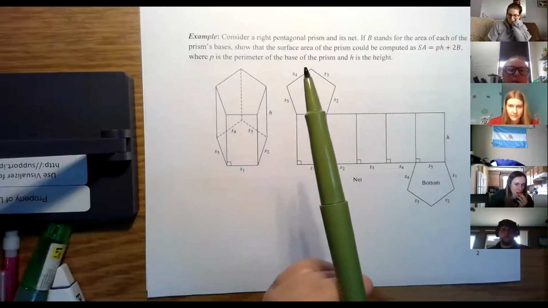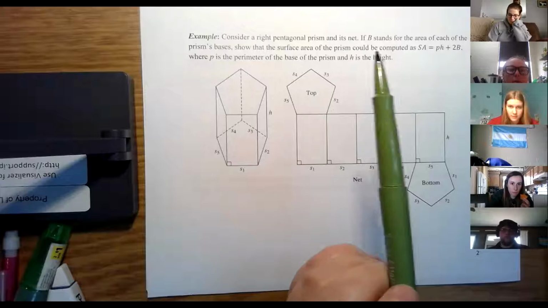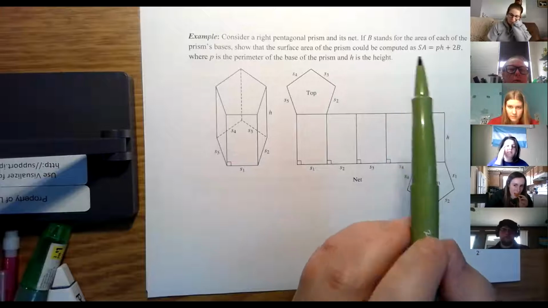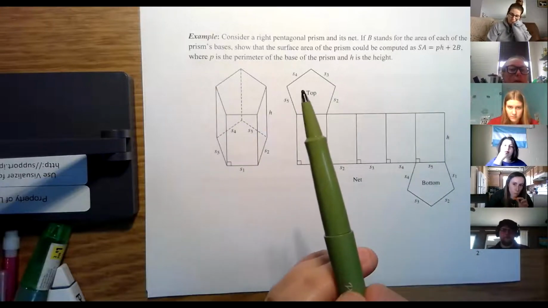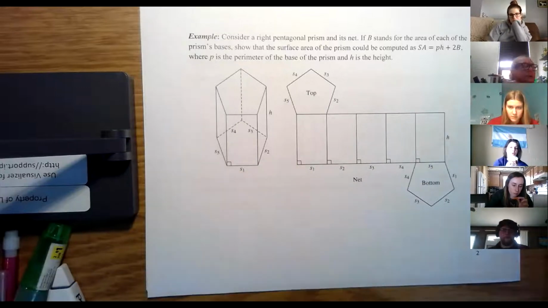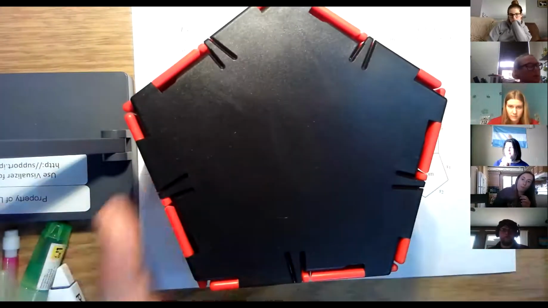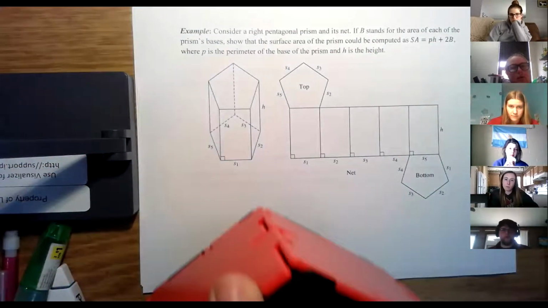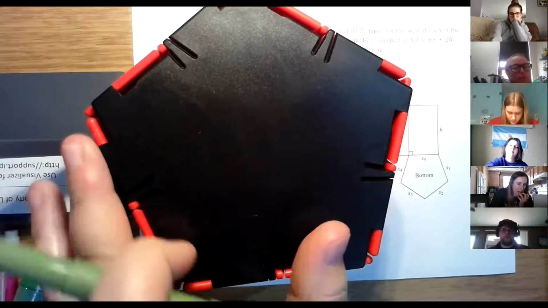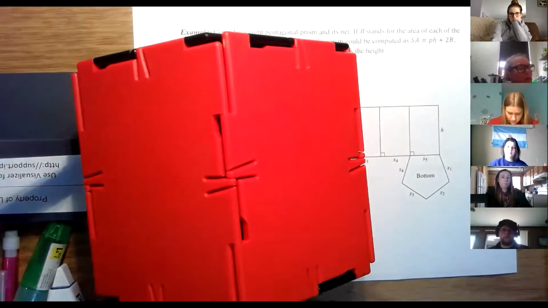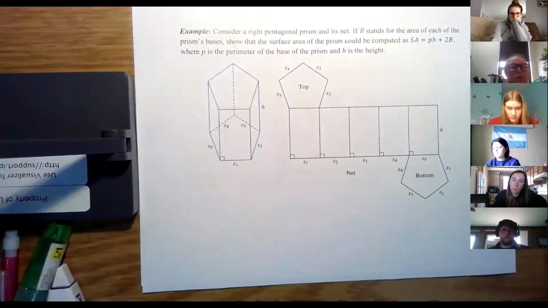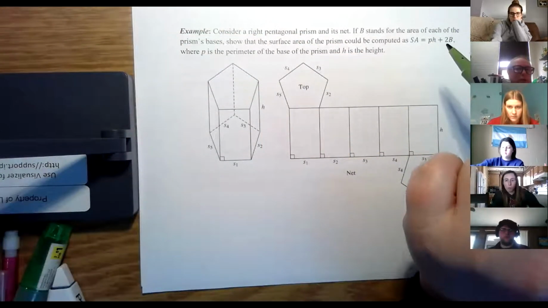If B stands for that, show that the surface area of the prism can be written as P times H plus 2 times B, where P is the perimeter of the base and H is the height. So what that's saying is that, if this pentagon has sides S1, S2, S3, S4, S5, and the length of this is H, how can we come up with this formula for this prism?